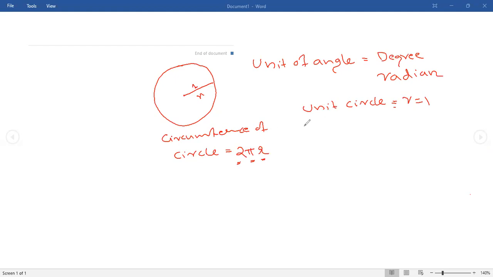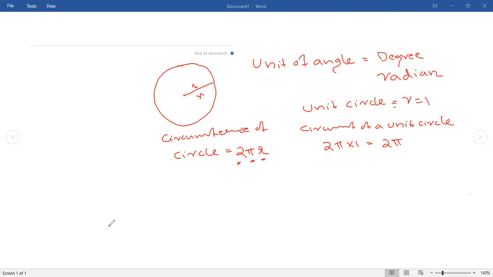So what will be the circumference of a unit circle? If you are looking for the circumference, that is 2 pi into 1, isn't it? That is 2 pi. That is the circumference of a unit circle. Unit circle means its radius is 1.